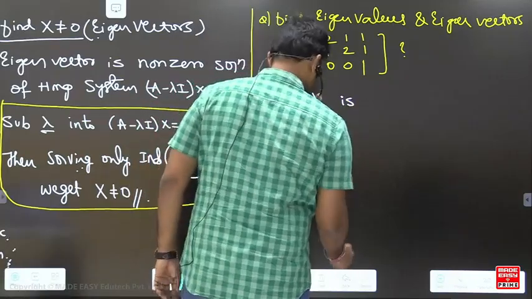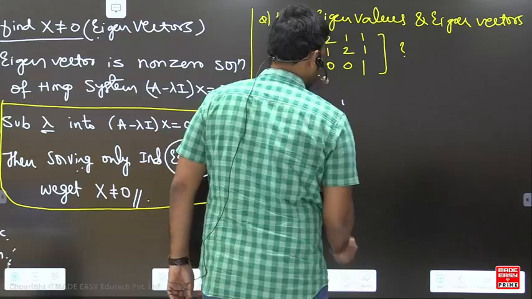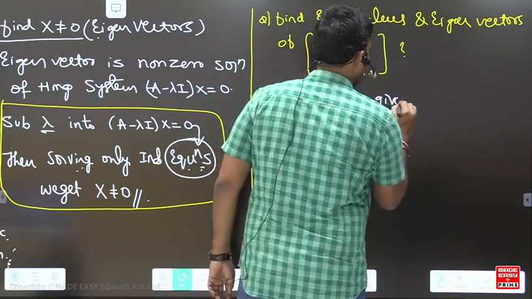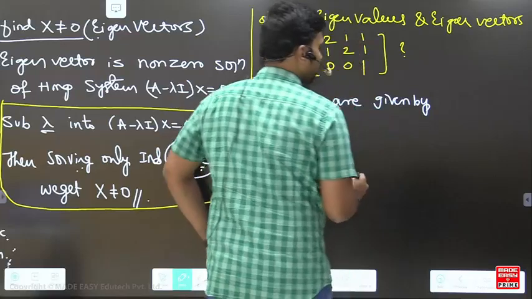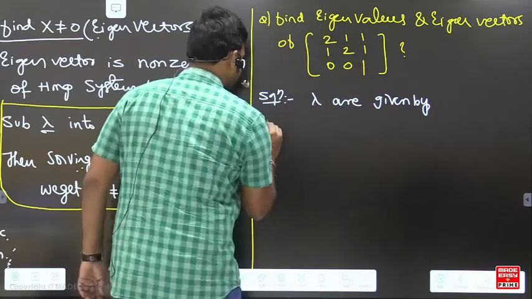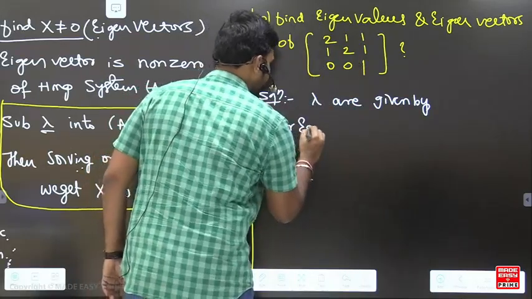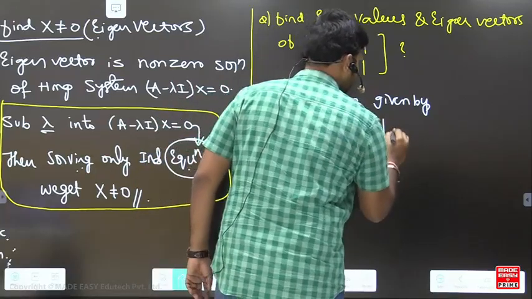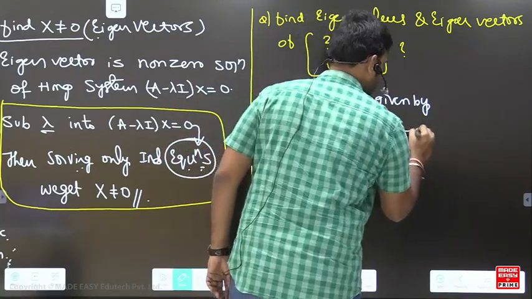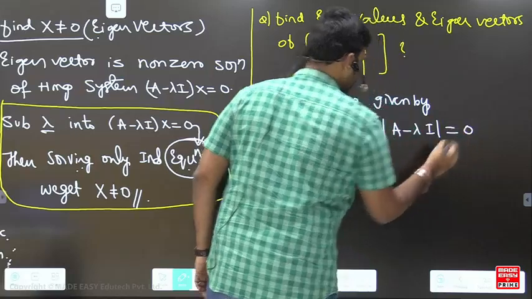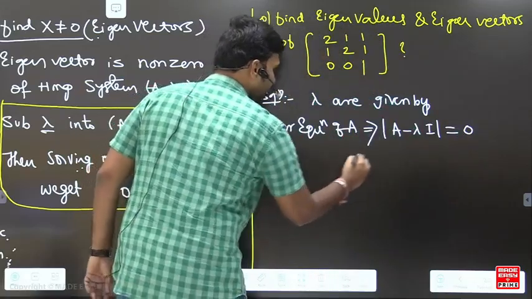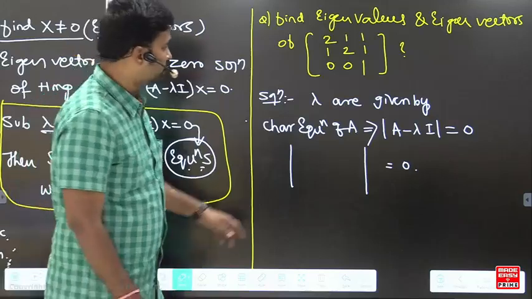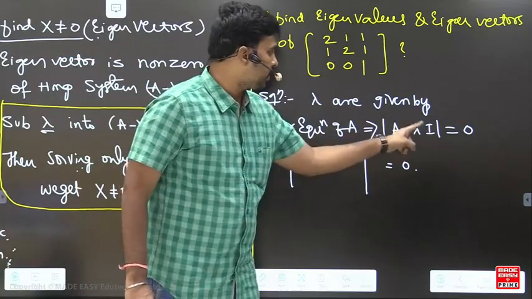Lambda values are given by the characteristic equation of A, that is mod of A minus lambda I is equal to 0. How do you write this A minus lambda I?